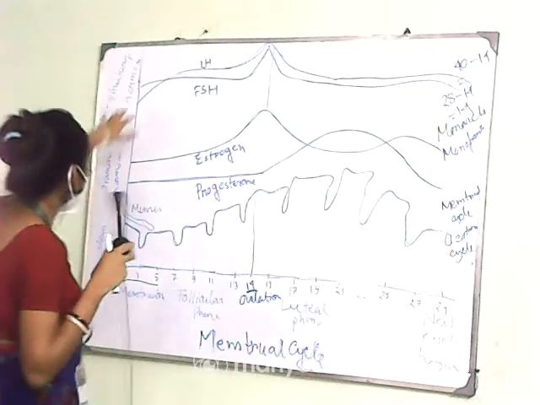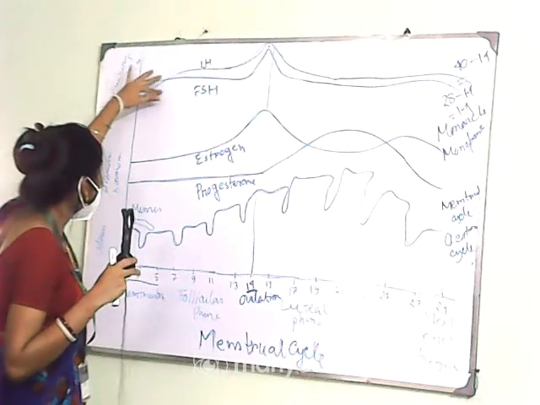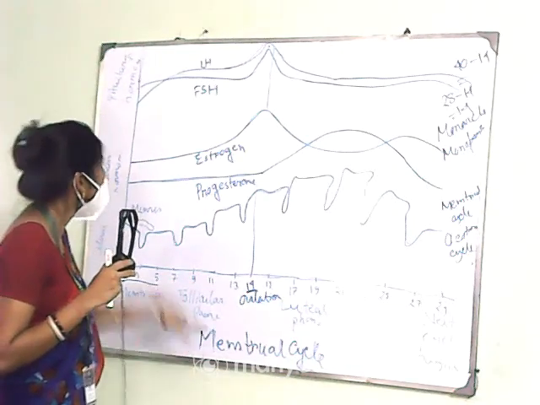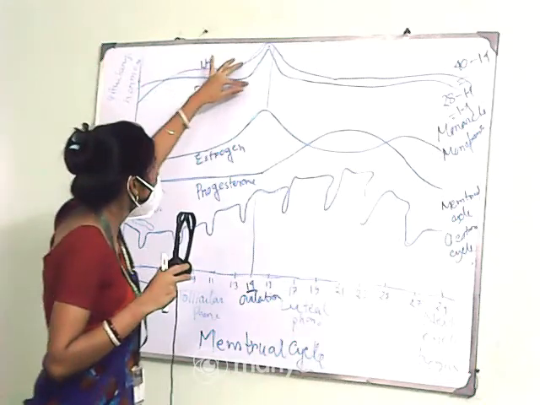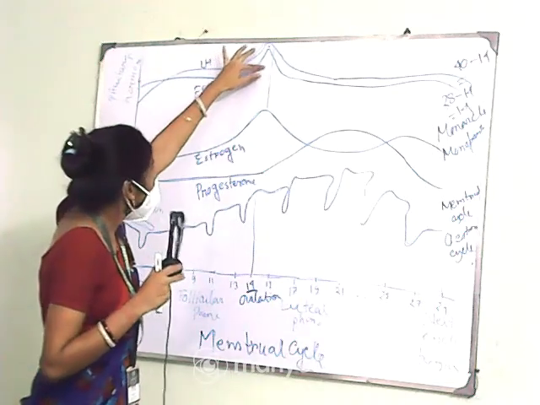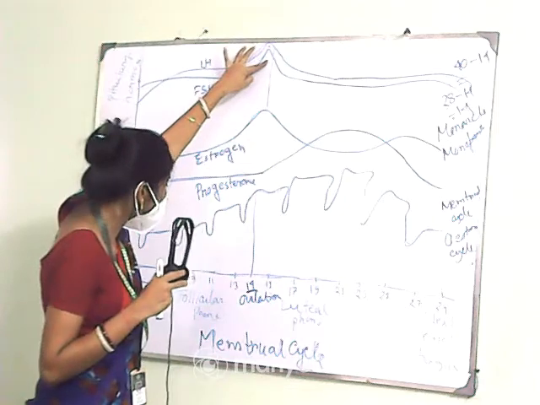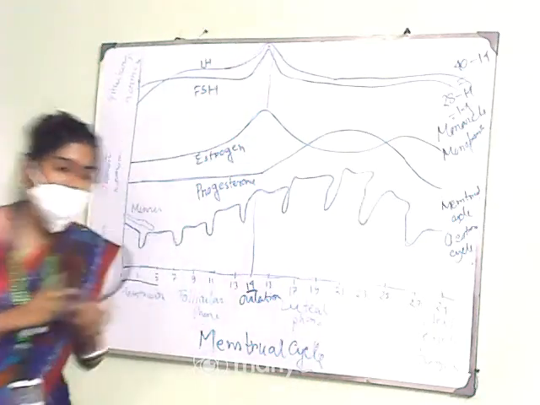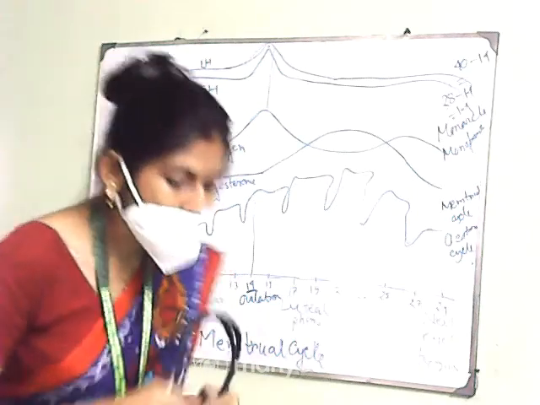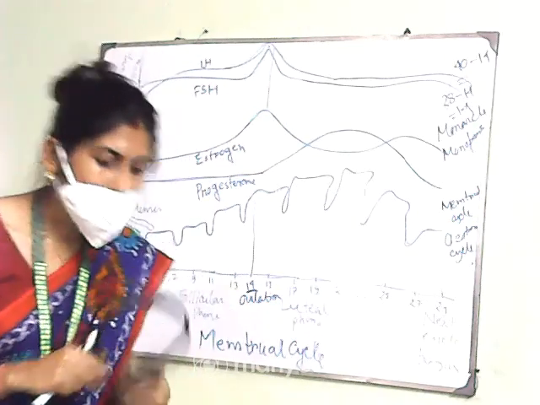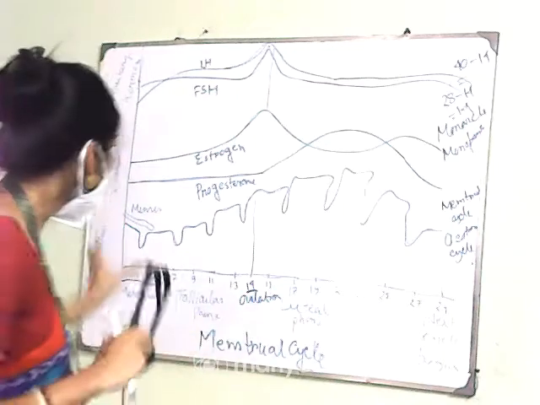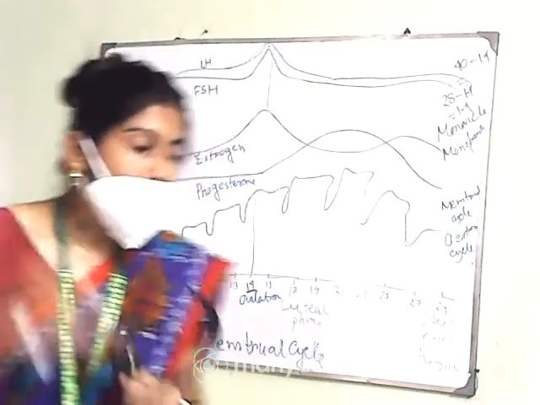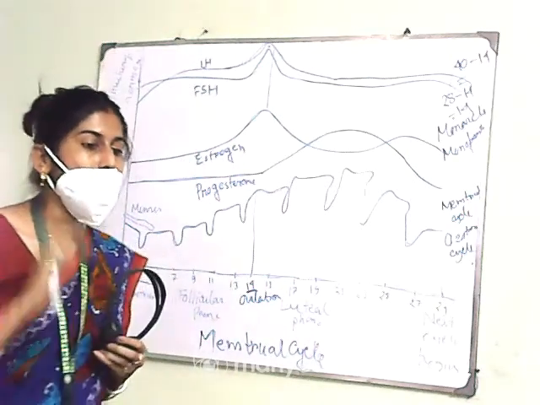You can see from the diagram that at the beginning the level of LH and FSH is quite low, but when the follicular phase comes, their level is increasing, right? But before the ovulatory phase, they reach the peak level. So the secretion of gonadotropins LH and FSH increases gradually during which phase? During the follicular phase, and they will stimulate the follicular development.